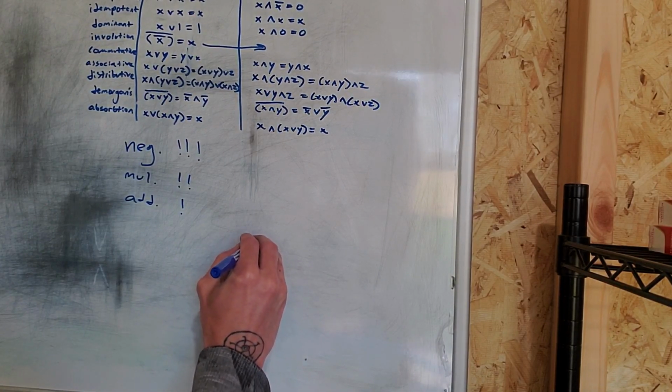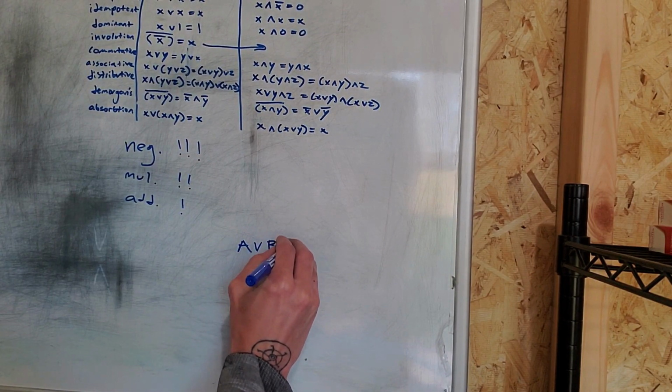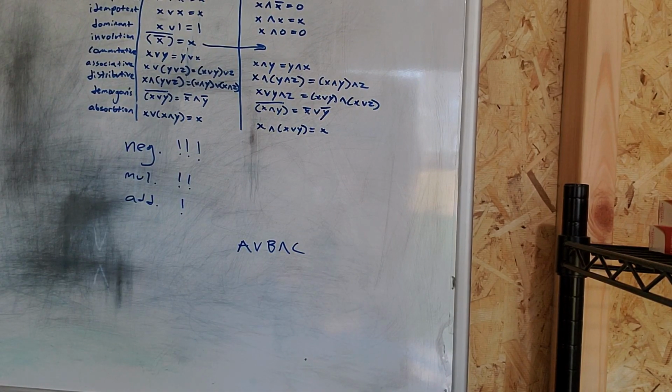If you had the expression A or B and C, where would you start with this?